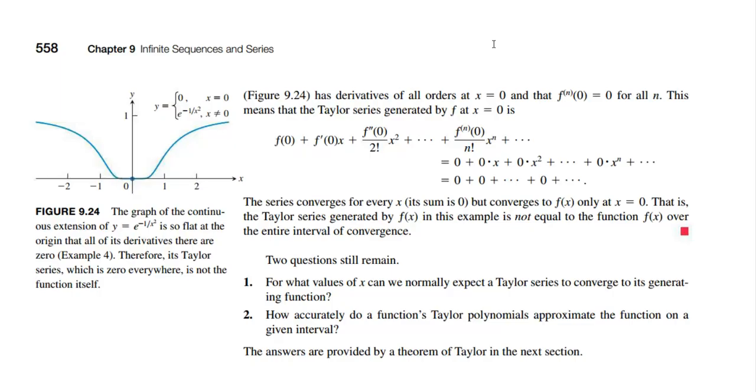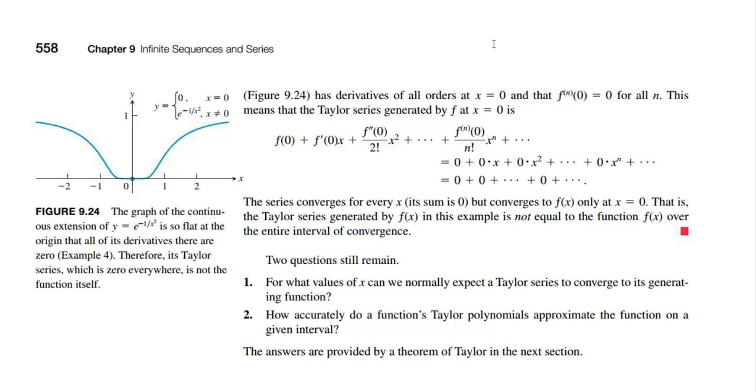And here this is 0 plus 0x plus 0x squared plus a bunch of zeros, right? This series converges for every x. Its sum is 0, but it converges to f of x only at x equals 0. Right? The Taylor series generated by f of x in this example is not equal to the function f of x over the entire interval of convergence.